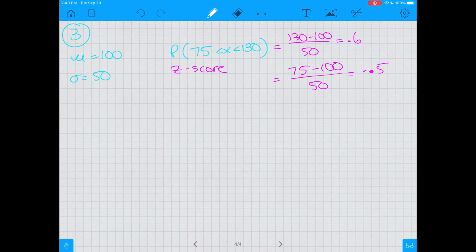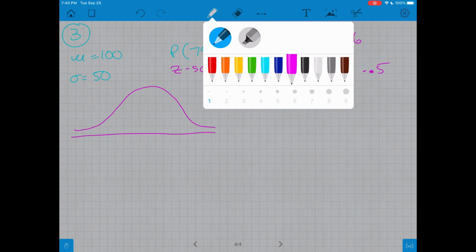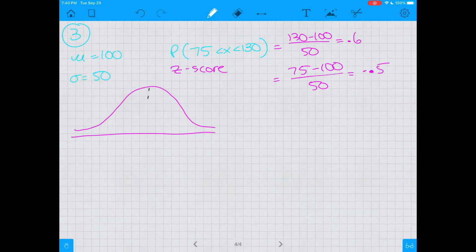Now remember, on a bell curve, so if I draw my bell curve here, the z-score table always gives us the area underneath. Here's my mean, and here, roughly, is 130.